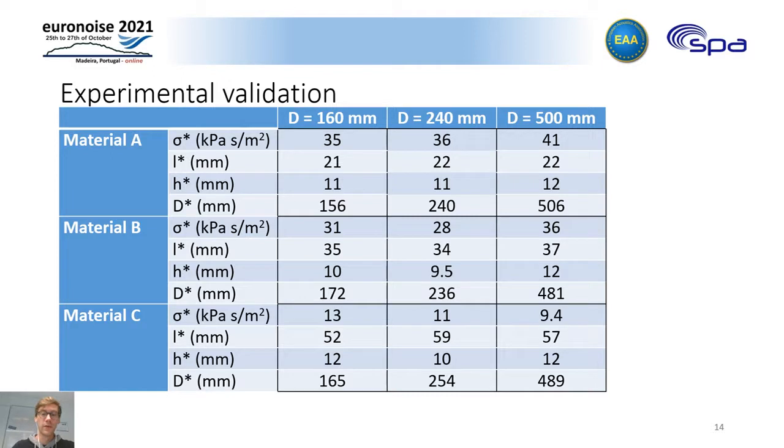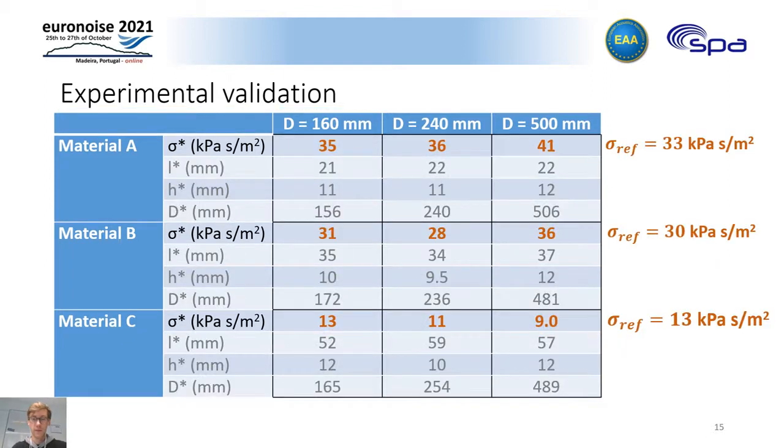So now the results. Those are the results from the measurement, and I'm going to break it down for you for each parameter. Here are the results for the flow resistivity, and as you may see from this table, the maximum deviation from the reference value was about 10 kilorayleigh per meter, I think that was for material A. And you can see that that worked for the three different porous layers that we had.